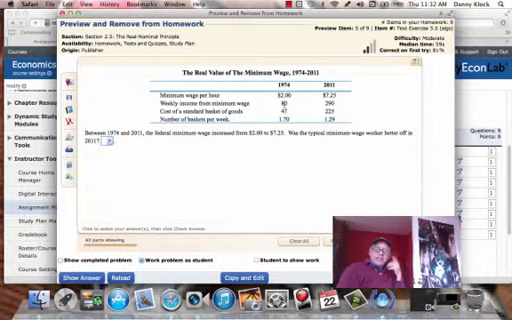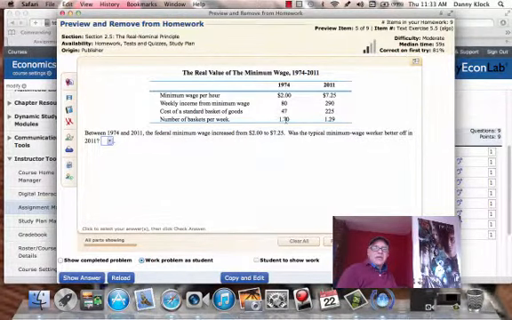So the weekly income, $80 in 1974, $290 in 2011. But again, the nominal value has gone up, right, from $2 to $7.25 an hour. But what's the real value? Look at inflation. So then you look at the cost of the standard basket of goods. We're going to talk about this later in the semester. $47 it cost for a basket of goods in 2011 is $2.25.